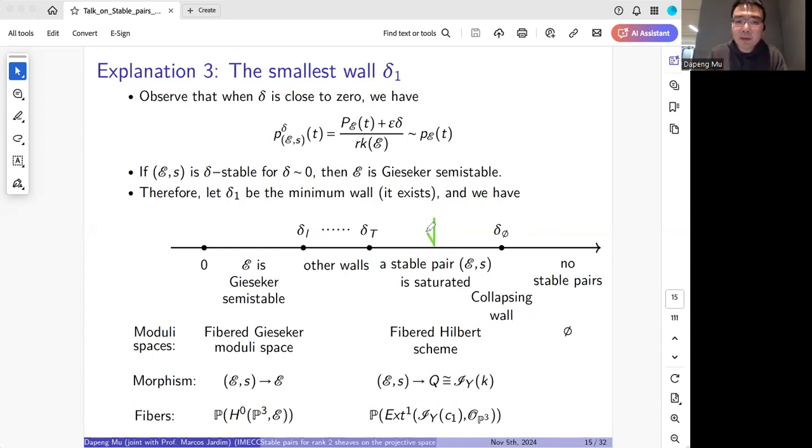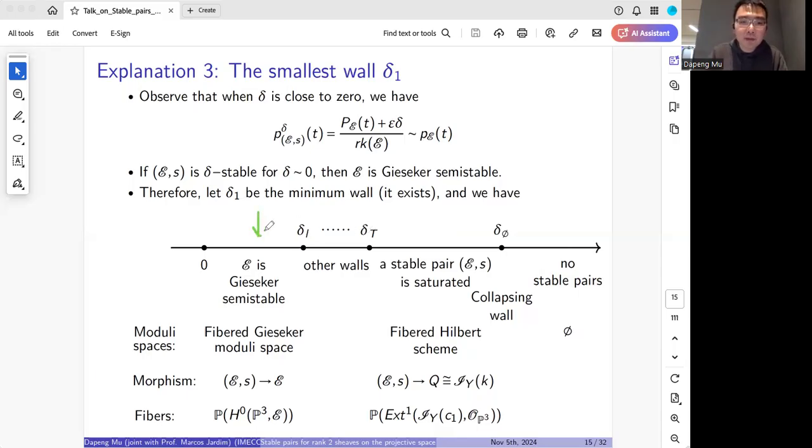For instance, in this very last chamber, every pair is saturated, so we have curves everywhere, but not every sheaf is stable. If you want a moduli of sheaves, you cross walls from right to left. Every time you hit a wall, some Gieseker stable sheaves are added to your moduli, but on the other side, some curves are removed from the Hilbert scheme.